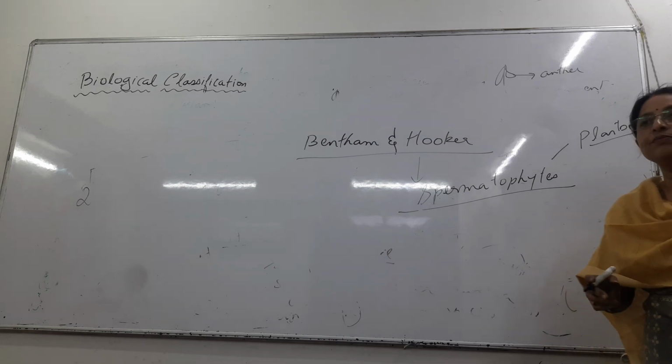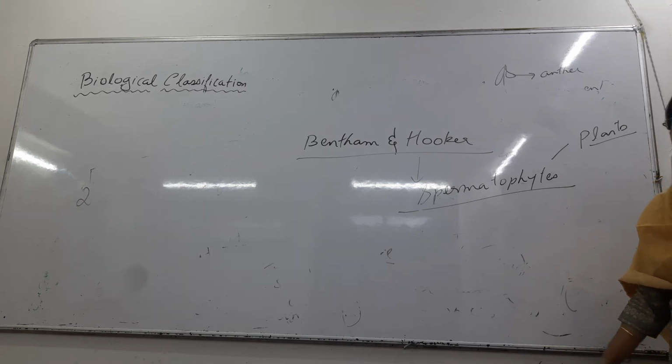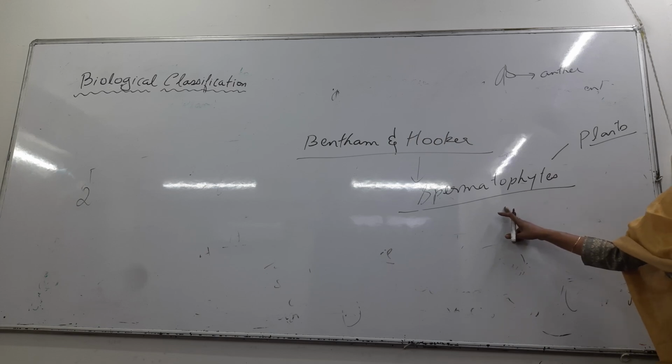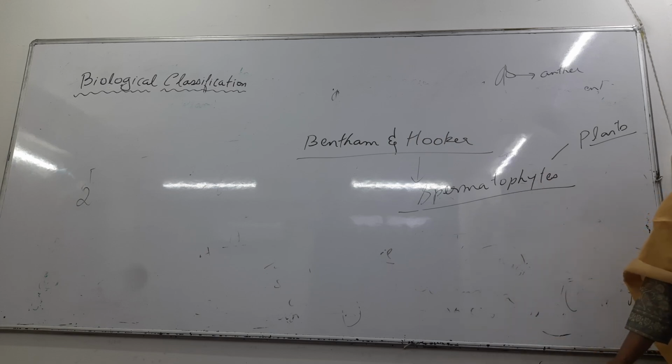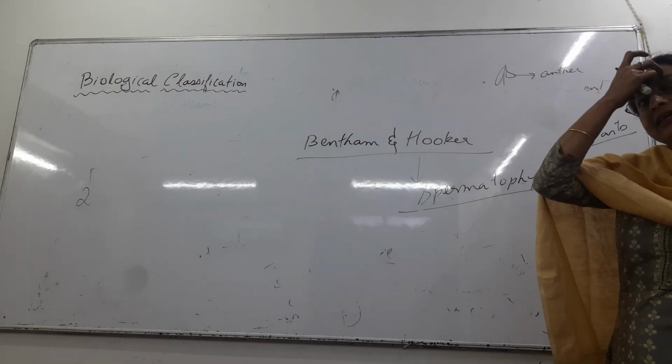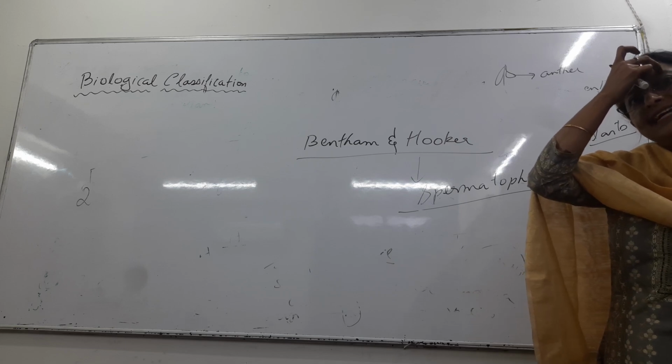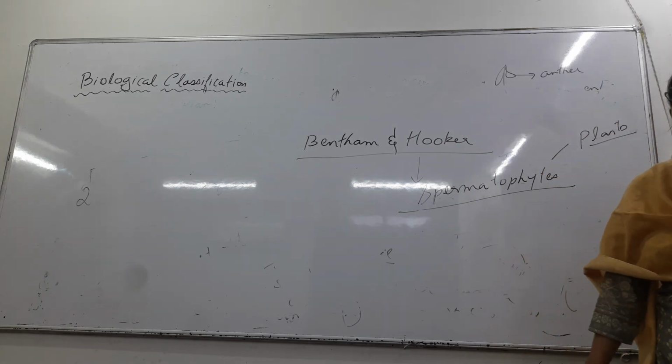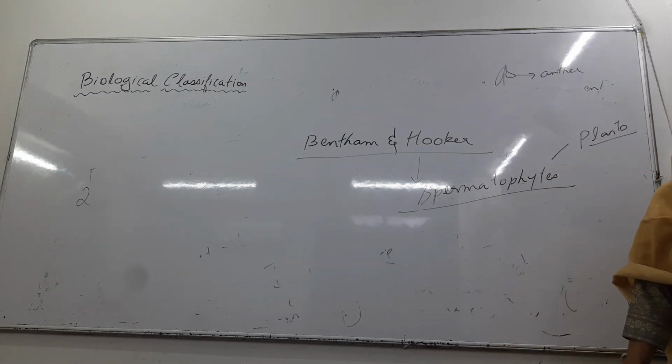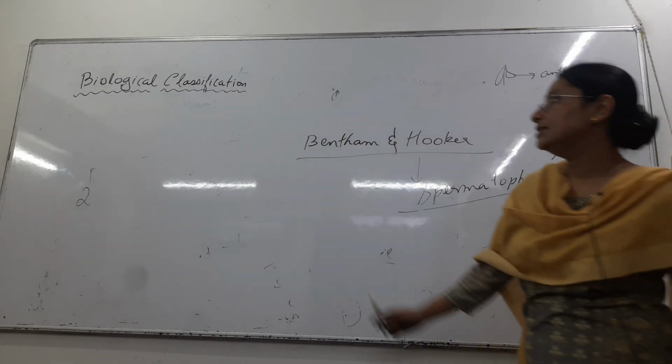Earlier we came across two words, cryptogam and phanerogam. The another word that we come across is spermatophytes. In the plant kingdom, all the plants have seeds or not? When we say plants, you have probably studied in class 9 or 10 about the different categories of plants: algae, bryophytes, pteridophytes. We will study this portion again in the next chapter.